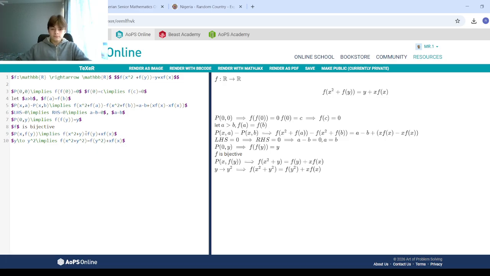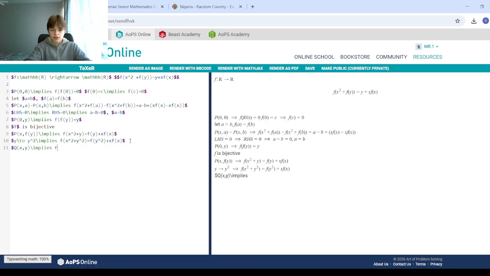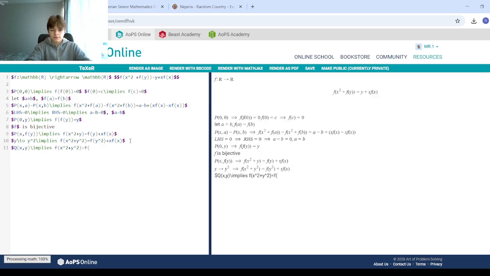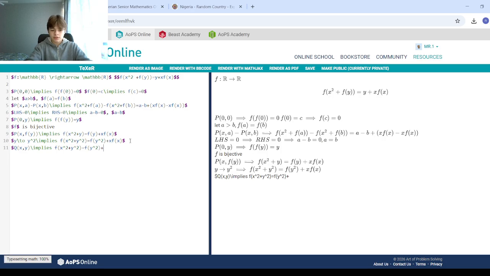Okay, and let's call this Q(x,y). So let Q(x,y) be f(x squared plus y squared), which is equal to f(y squared) plus x times f(x).